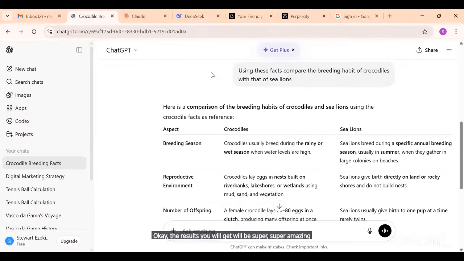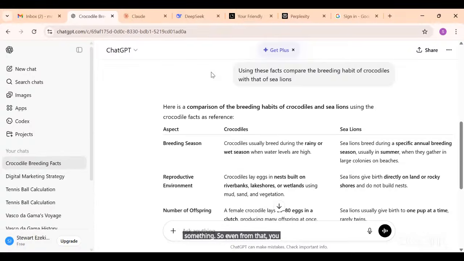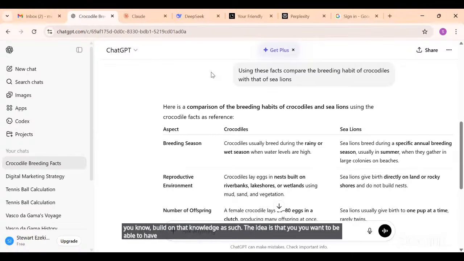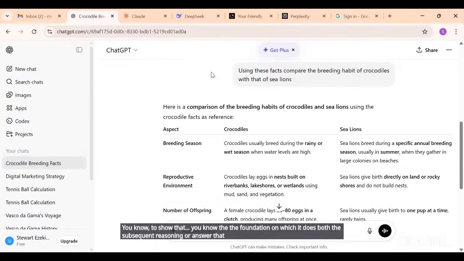So you lay the foundation, you get some facts, you read through it, and you can now know some things. So even from that, you begin to prompt and build on that knowledge. The idea is that you want the AI to generate relevant factual context first, as the foundation on which it builds the subsequent reasoning or answer that it is going to generate for you.